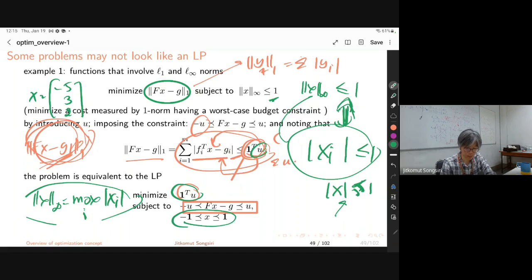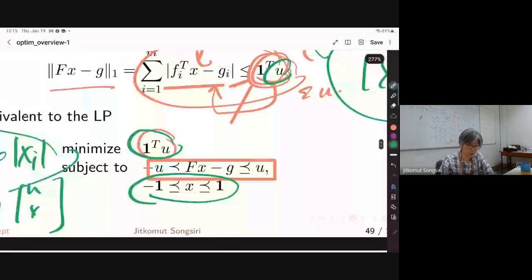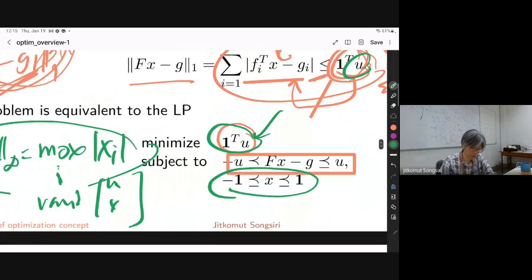Okay. Now, what are the variables in the newly formulated problem? The variables are u and x. What kind of function of your new variable is this? Let's say the new variable is z, made of x and u.